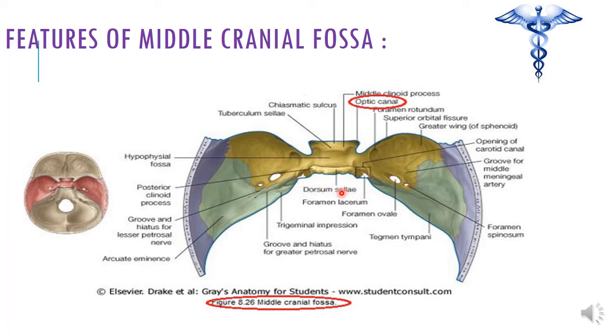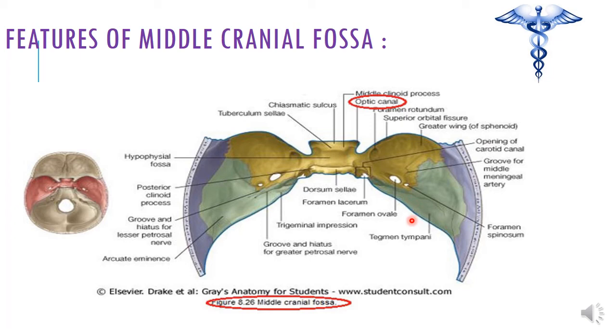Now there are two tubercles on the dorsum sellae, and these tubercles are called the posterior clinoid processes, right? Most important. Here more prominently you can see this foramen lacerum. Here is foramen ovale. Here is the foramen spinosum that I discussed in the earlier slides.